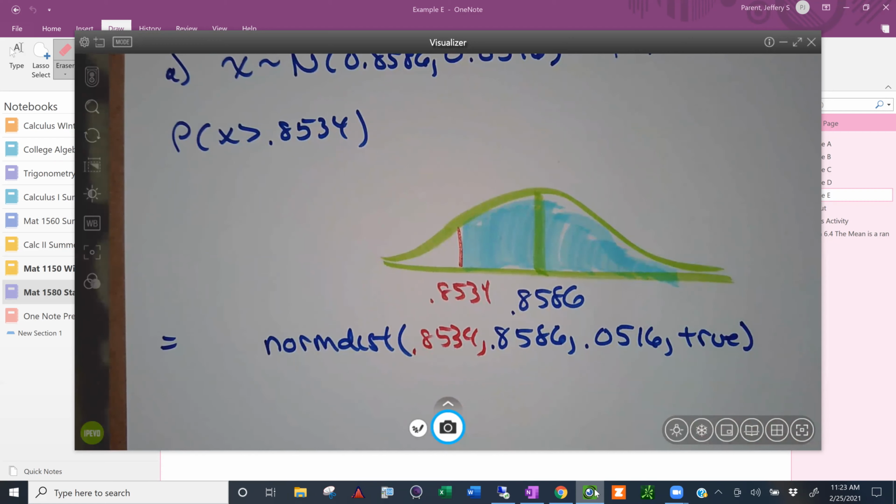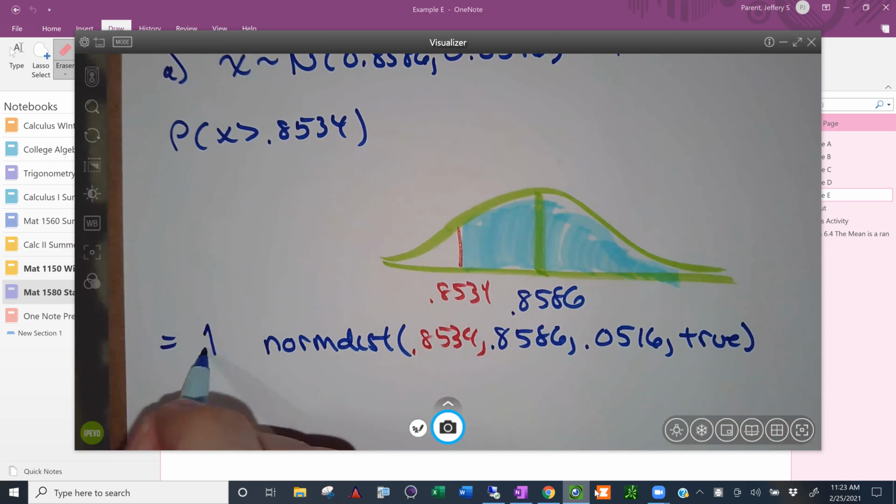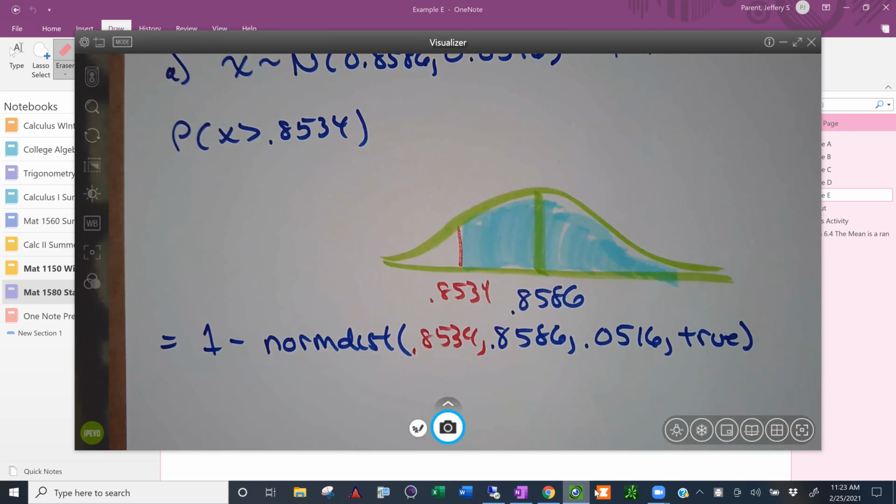Now, there's one problem with what I just wrote. It's not going to give me the probability that I'm looking for. What's it going to give me? The area to the left, so you have to subtract it from 1. Exactly. That's why I suggested leaving a little bit of room here. We've got to do 1 minus that so that we get the area in the right tail, not the area in the left tail. Let's take a look at what that probability is.